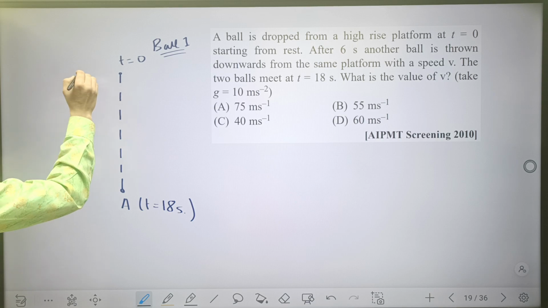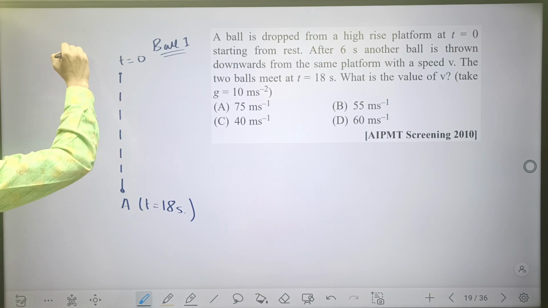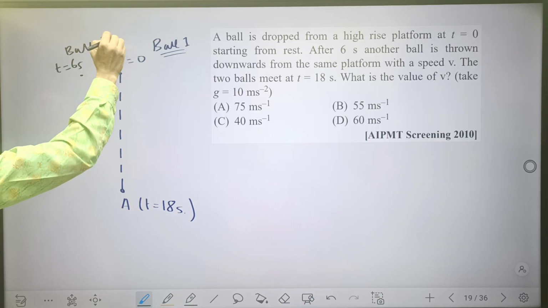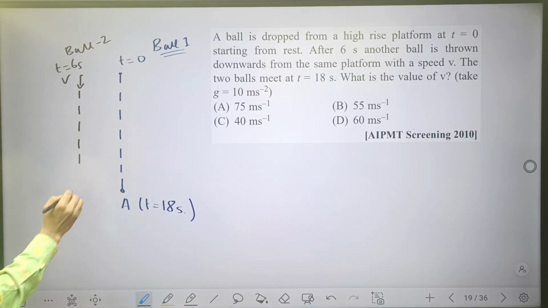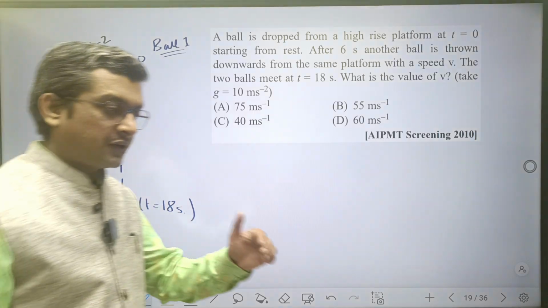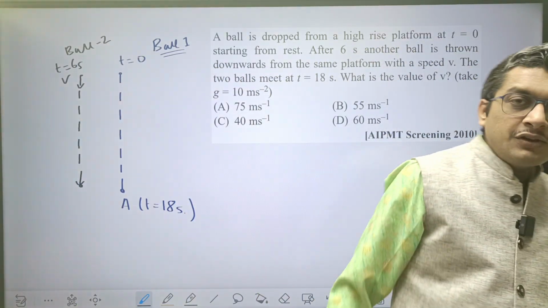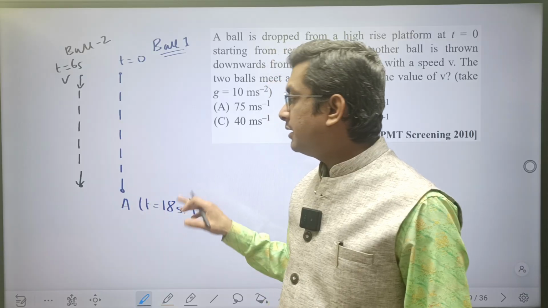Now it is given that at t is equal to 6 seconds, another ball is thrown with velocity v from the same height and it reaches the same position A after 12 seconds, isn't it? Because it is given in the question that the two balls meet at time t is equal to 18 seconds.